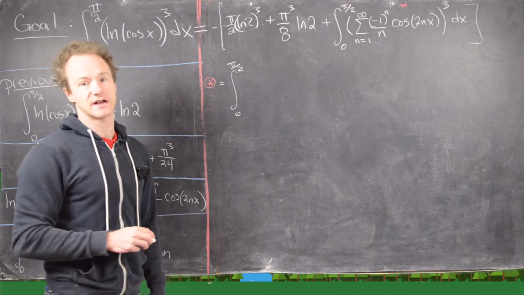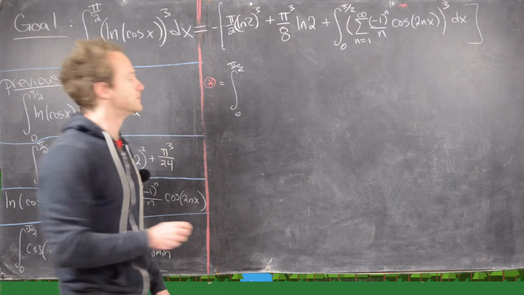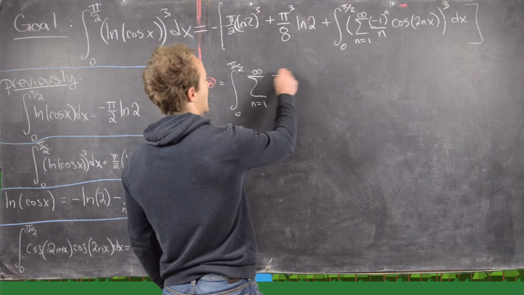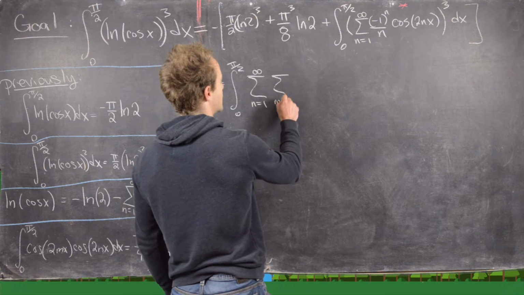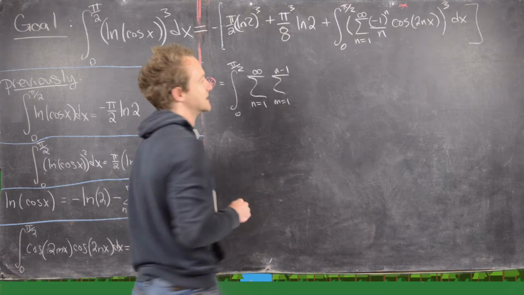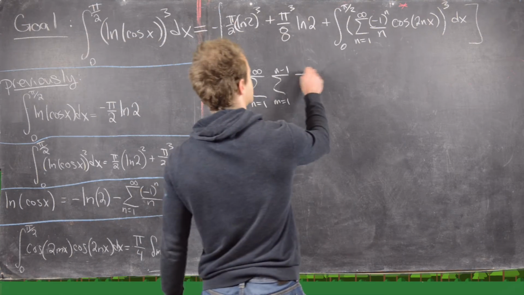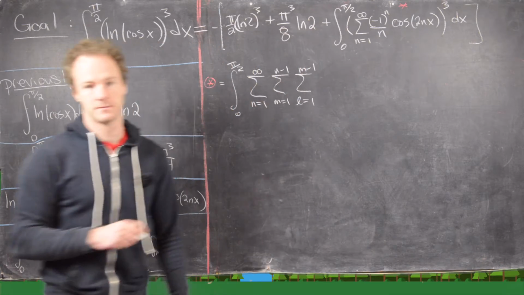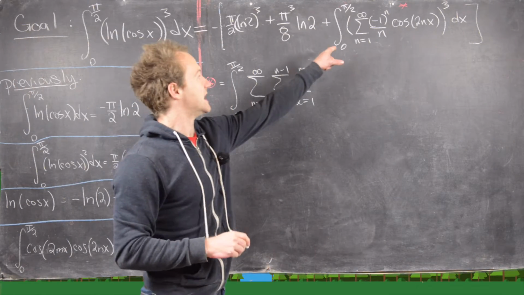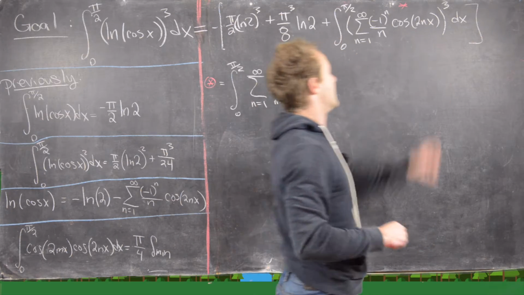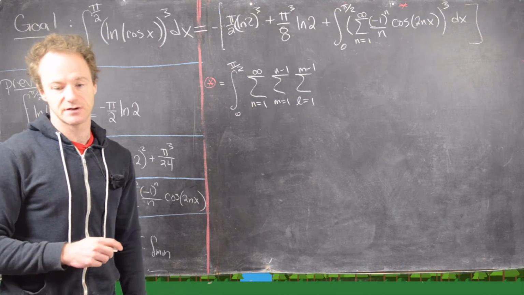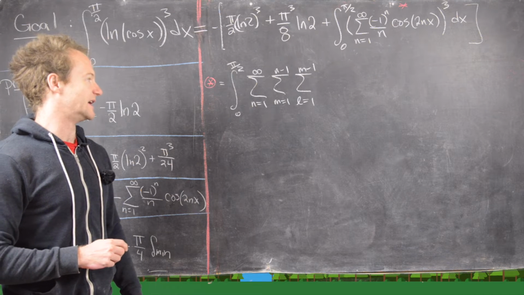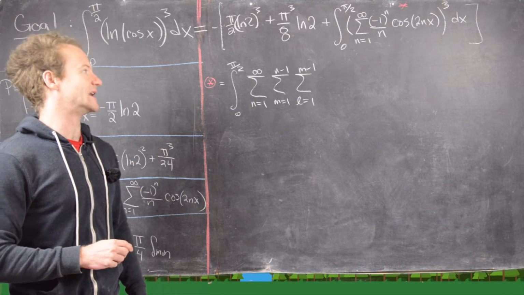But what this is going to turn into is the following. We're going to have the sum n equals 1 to infinity, and then the sum m equals 1 to n minus 1, and then the sum L equals 1 to m minus 1. And now we've got this term evaluated at some different spots. It's going to be evaluated at L, and then at m minus L, and then at n minus m.